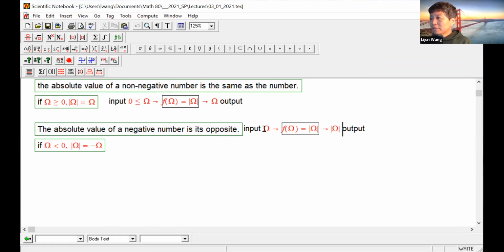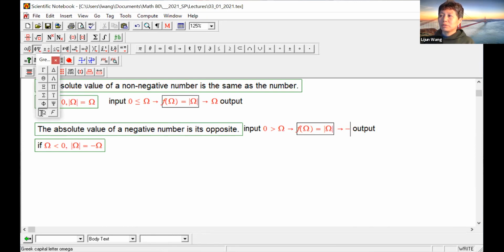But because this omega is negative, smaller than 0, therefore the output is positive, of course, but in relation to the input, it's the opposite of that input. Does everybody follow me?